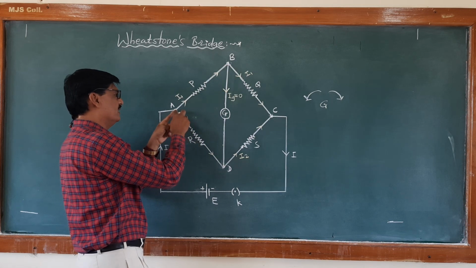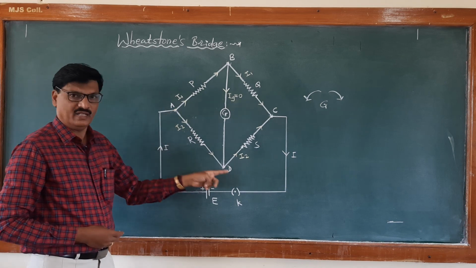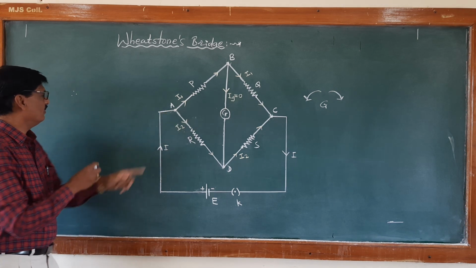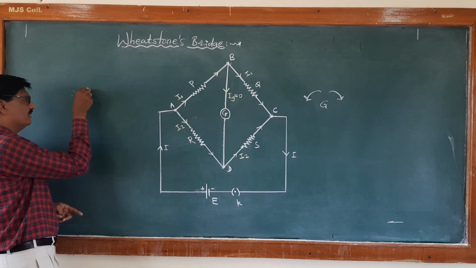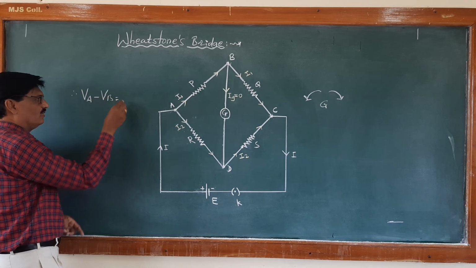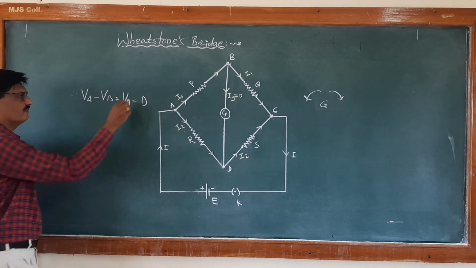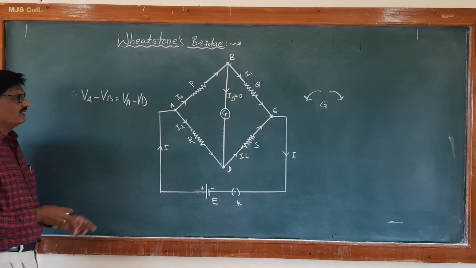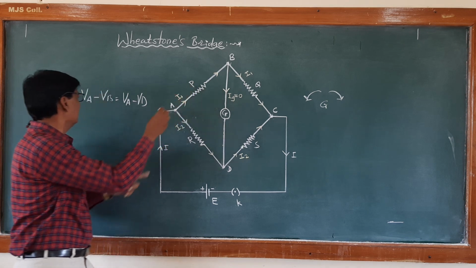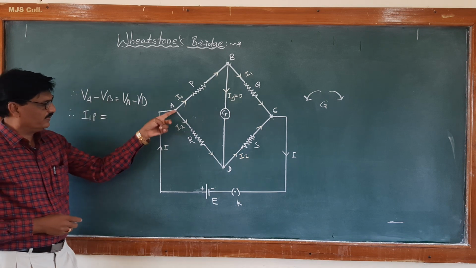If the network is balanced, the potential difference between VA and VB is equal to the potential difference between VA and VD. Therefore VA minus VB is equal to VA minus VD.